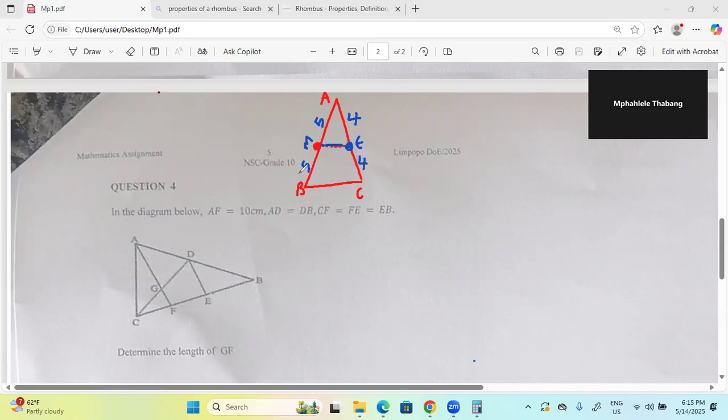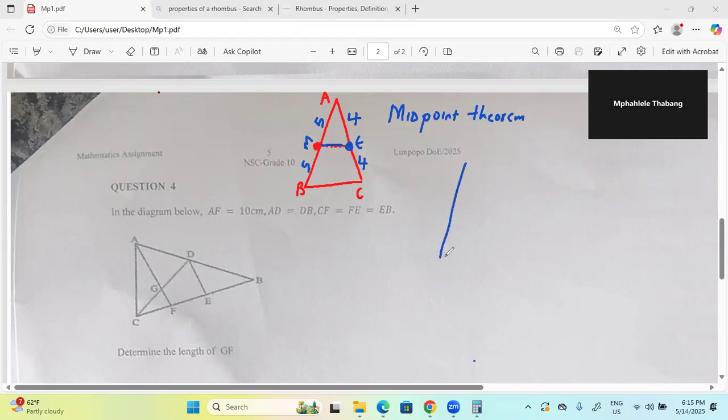So we say, oh, here we can talk about the midpoint theorem. If there is a line that divides two sides of a triangle equally, then we use what we call the midpoint theorem.